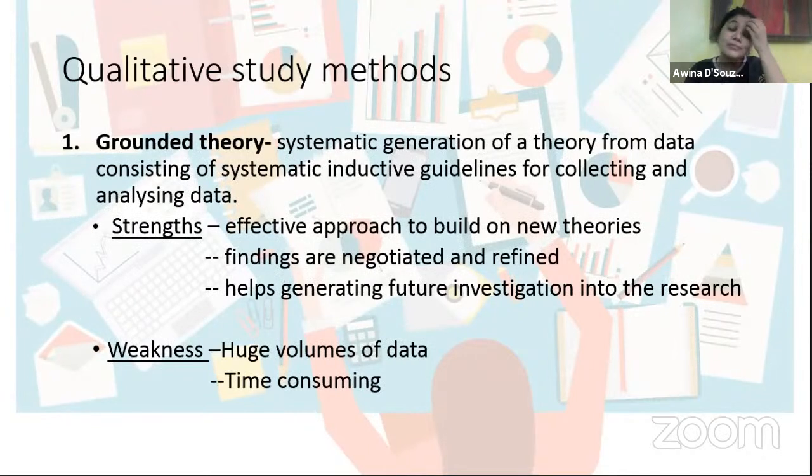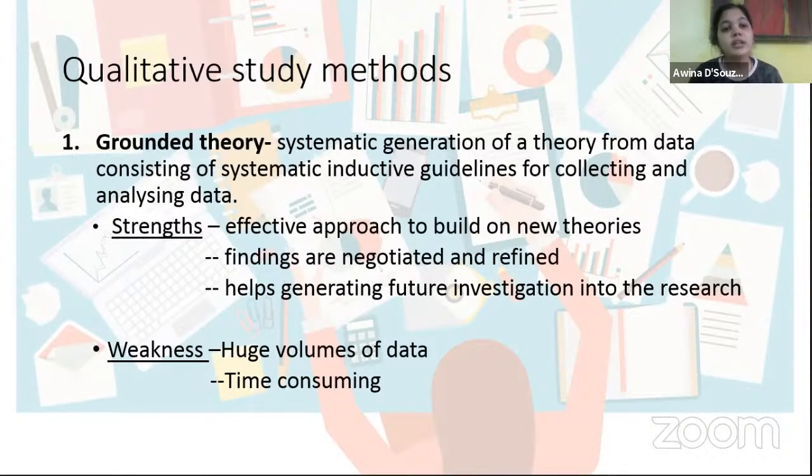In grounded theory you try to generate theory and data from the population itself, from the grassroots level, from the foundations of that place. It is a very confirmed kind of study method, and it's really good because it gives a very effective study. So it's a good method of conducting a qualitative study.